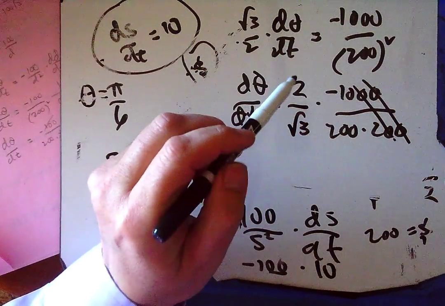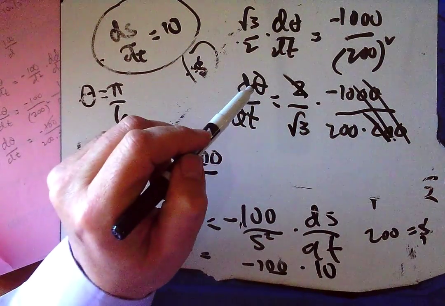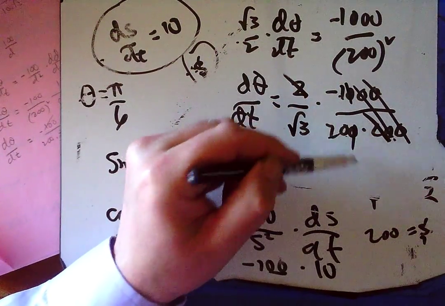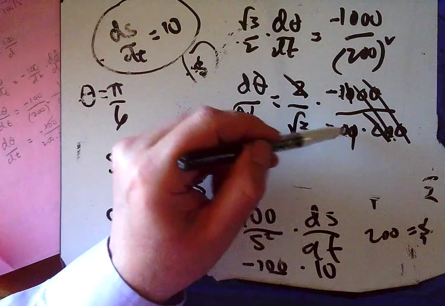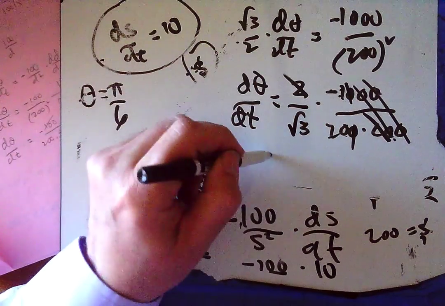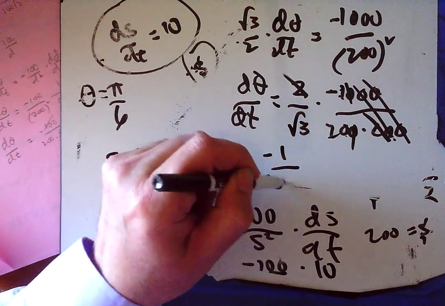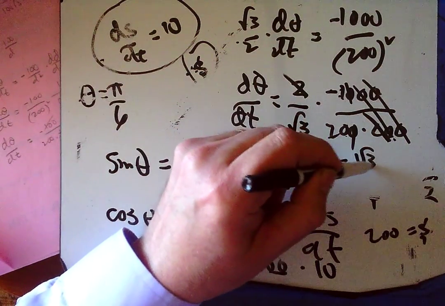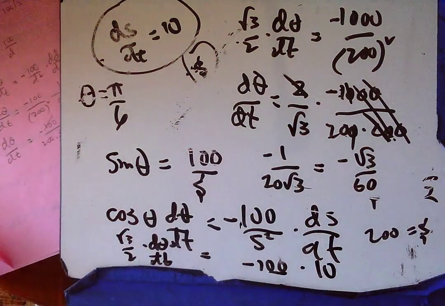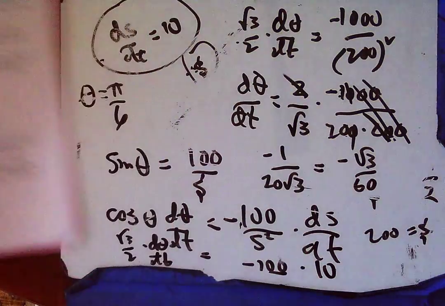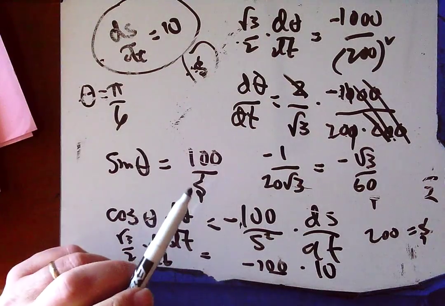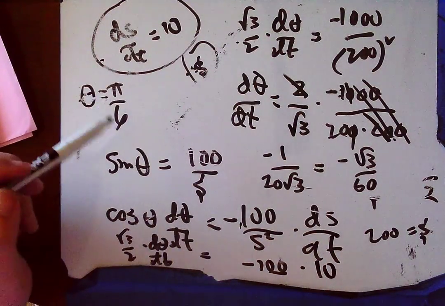Those cancel. I got 10 over 200, and 1 over 20. Or negative root 3 over 60. Let's see. Yep, negative root 3 over 60.